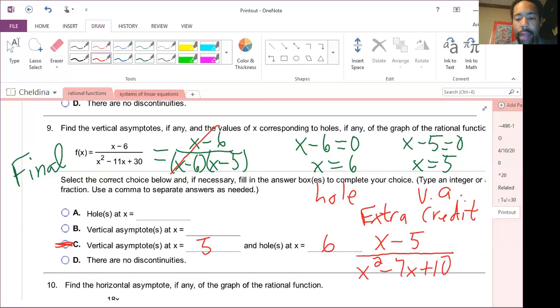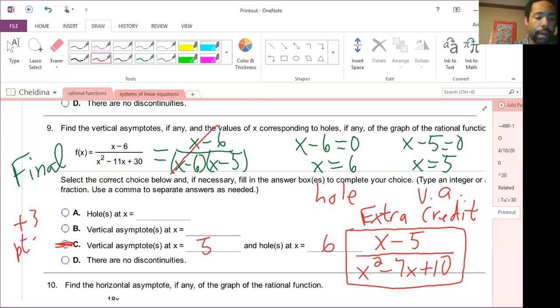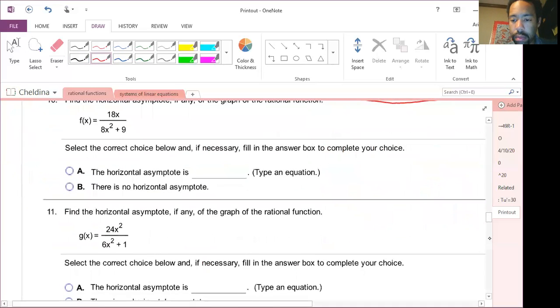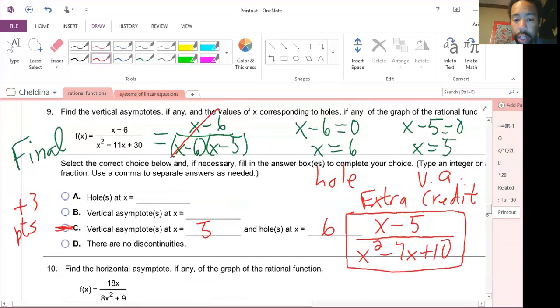What are the vertical asymptotes and holes of that? And if you do that, then I'll add, let's say, 3 points to your test. So we'll make that plus 3 points right now. We'll add that to your lowest test.